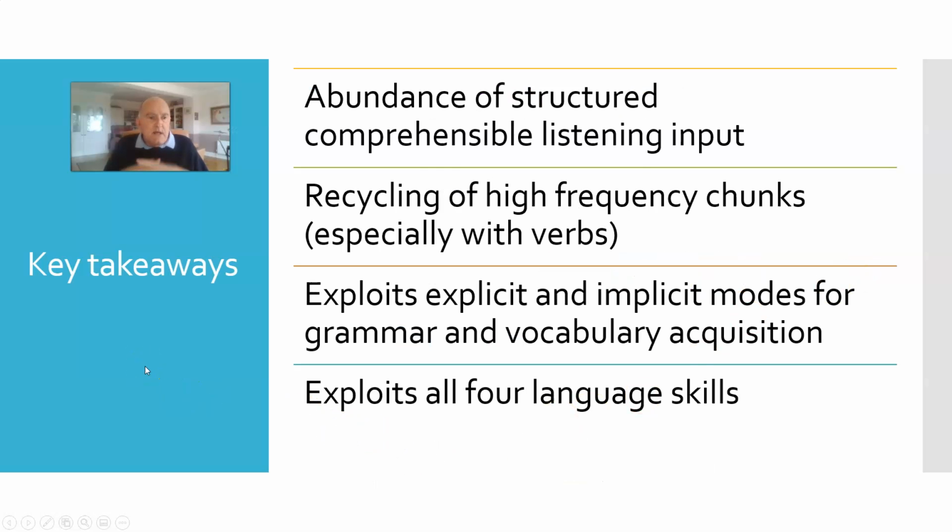So, I'd say from this type of lesson, key takeaways would be that you're providing lots of comprehensible target language input. And if it's a challenge for you to use target language, then I'd suggest that's a nice go-to approach for allowing students to hear lots and also read lots of input.